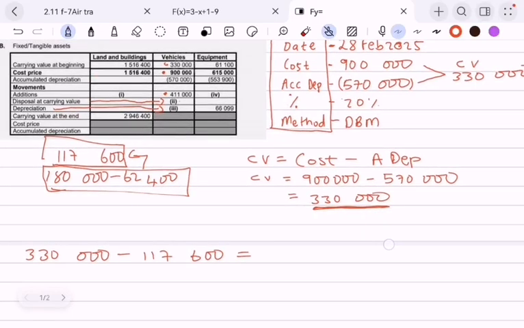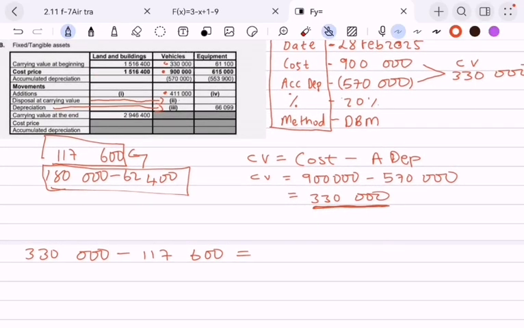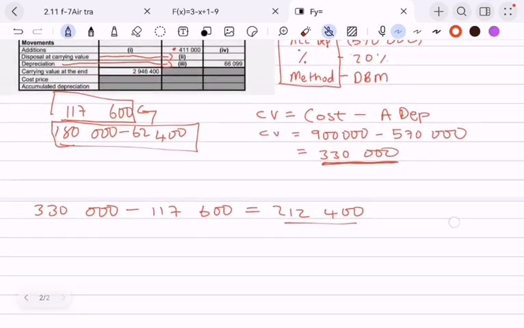Oh, it's not 300,000, 330,000. Sorry, beautiful people. Let me quickly fix that in my calculator. 330,000. Then we would get 212,400. So this is the remaining old equipment. I mean the old vehicles.